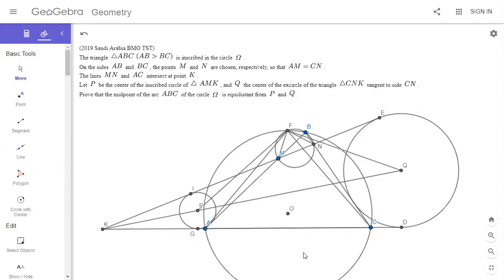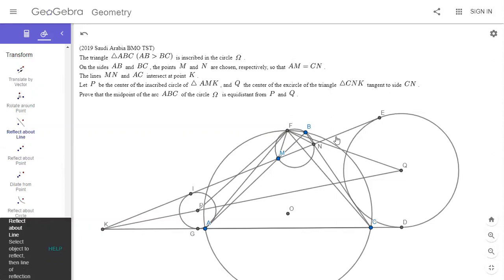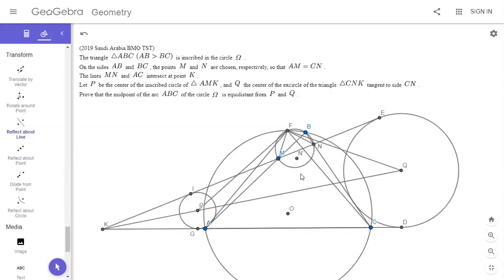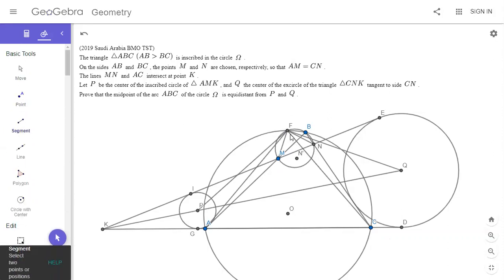What if we reflect N over FC? So then FN prime C is congruent to FMA, right? And basically, then we'd want to show FN prime Q is congruent to FMP, I believe.